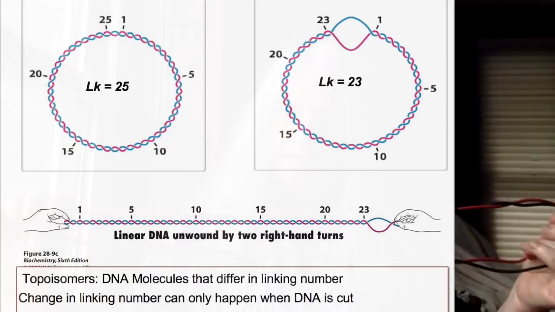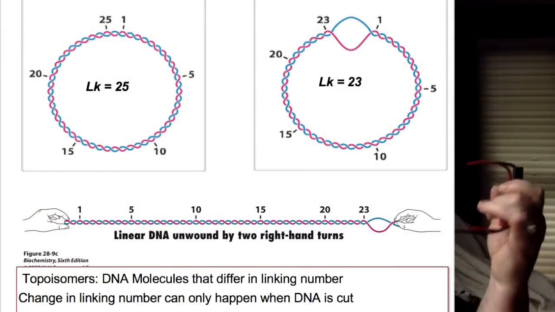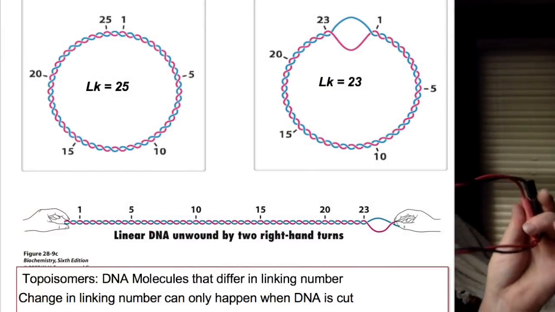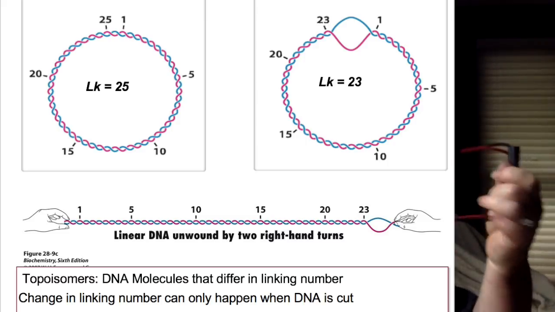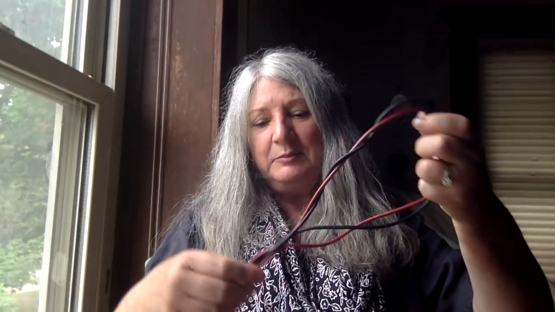The thing is that you can change the linking number, but if you change the linking number, you're going to introduce supercoiling, and that's what happens like this. See how this DNA has turned on itself so that the double strands are actually crossing each other like this? This is a supercoil.